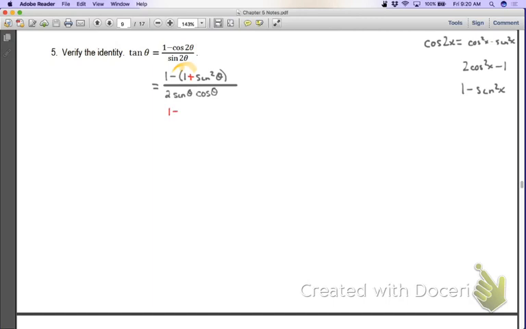So really I'm dealing with 1 minus 1 plus 2 sine squared theta all over, oh, I forgot the 2. There should be a 2 sine squared. There we go. I didn't write it in my formula over here. So then 2 sine of theta cosine of theta.